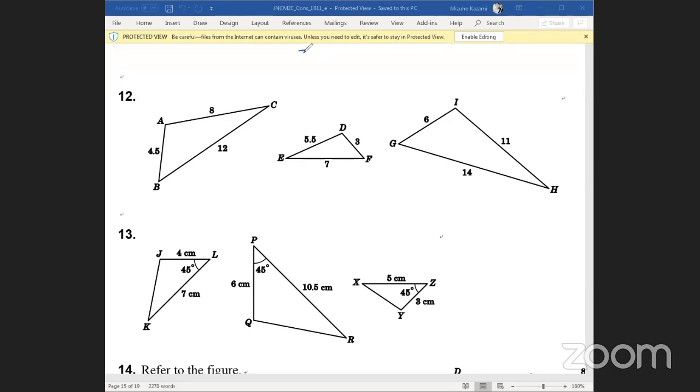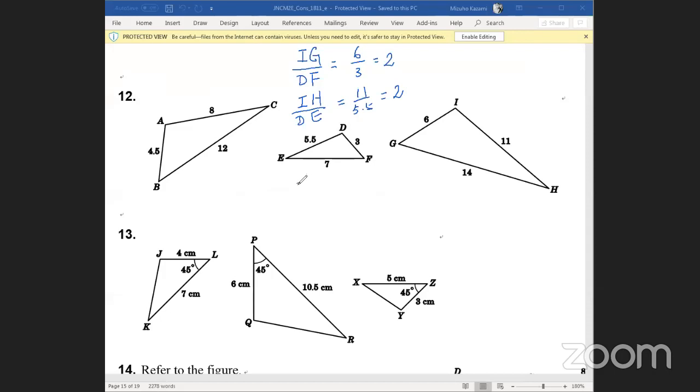For example, I have length IG divided by DF, which is 6/3 equals 2, and then IH should refer to DE, which is 11 divided by 5.5, which is 2.